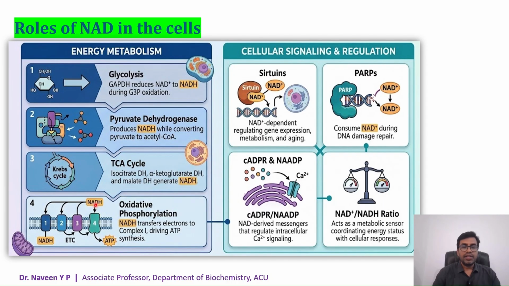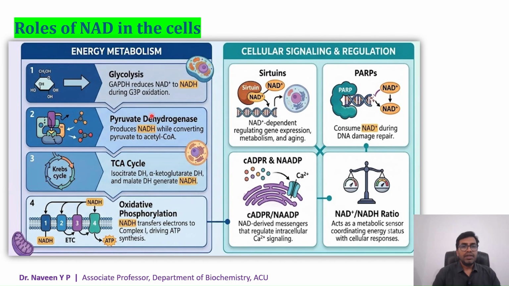It is called oxidative phosphorylation because the energy captured by the oxidation of NADH is utilized to phosphorylate ADP into ATP. Now this is the main important function that is carried out by the NAD.